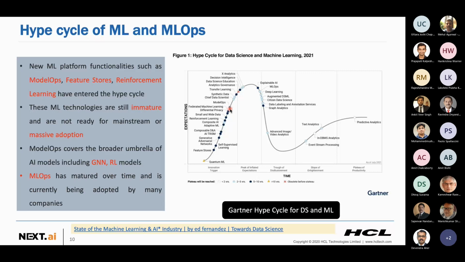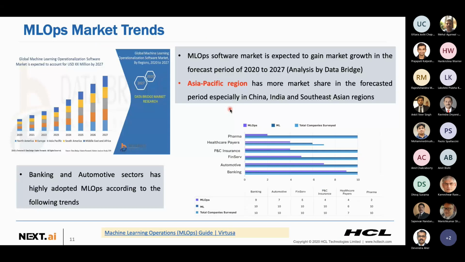As I mentioned before, MLOps has matured over time and is currently being adopted by many companies. Coming to the MLOps market trends, as mentioned in these two pictures, we can see the Asia Pacific region has more market share in the forecasted period, from 2020 to 2027.